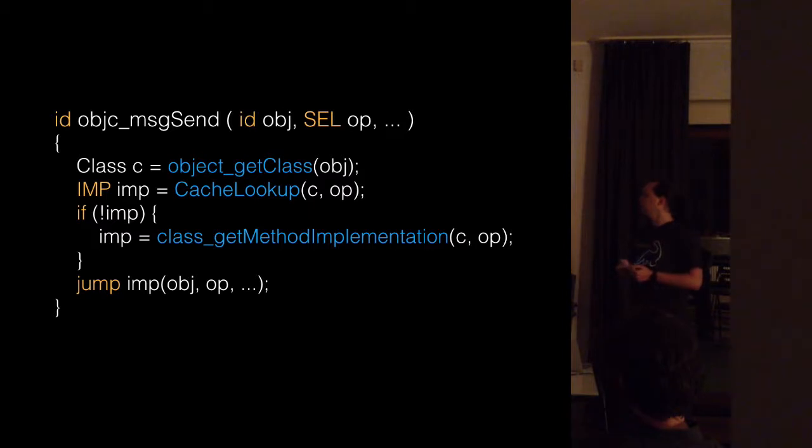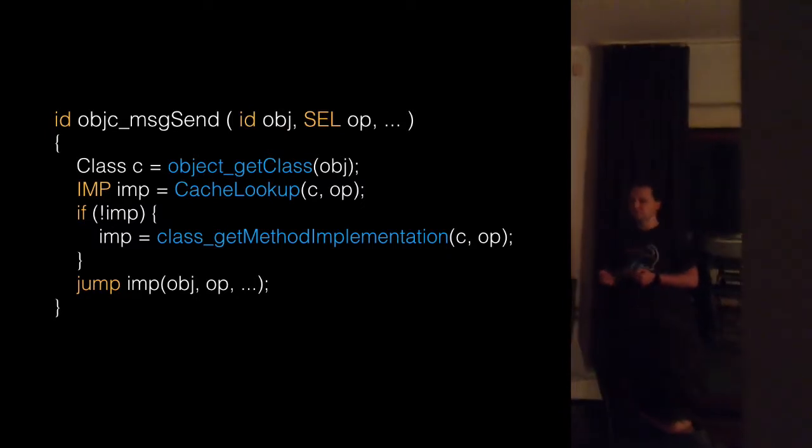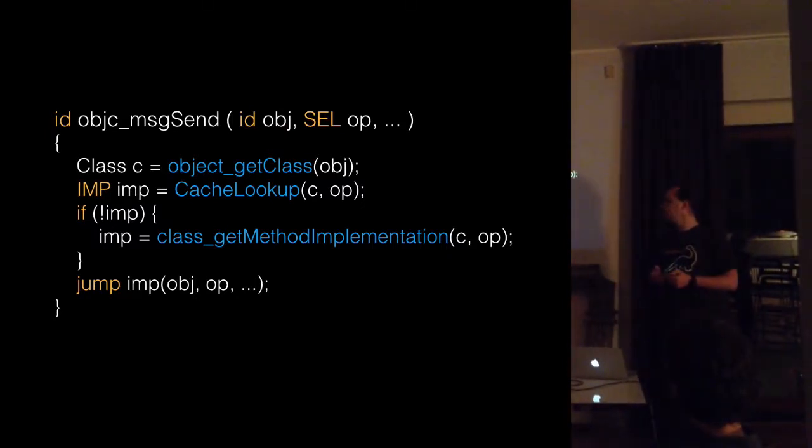Then it tries to use the internal class cache to find the implementation of the method. This is as fast as searching for something in a hashmap. So relatively fast. But in case of a cache miss, message send has to take a little bit longer path.